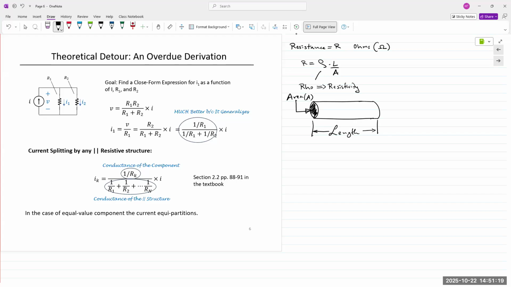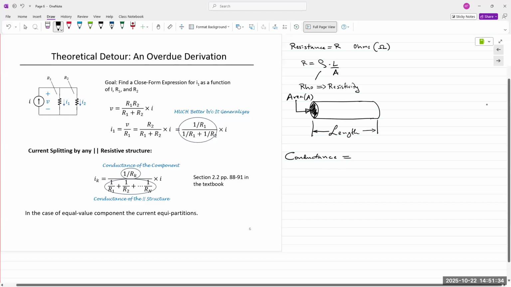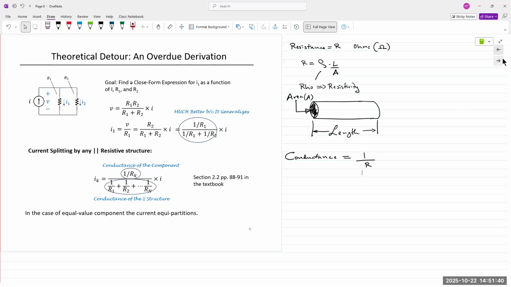The reason we're talking about this is to introduce something known as conductance. Conductance is the reciprocal of resistance R. Okay, it is noted with the letter G. It has the unit Siemens.